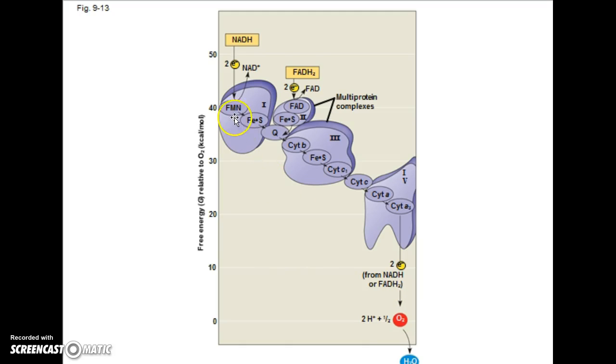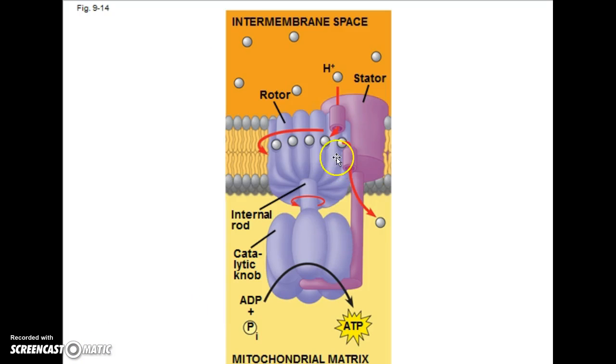Again, the idea of this process is to release energy from those electrons in manageable amounts so that we can force the hydrogen ions up to the intermembrane space, which will inevitably drive the process of ATP formation. This is also in the inner membrane of the mitochondria.